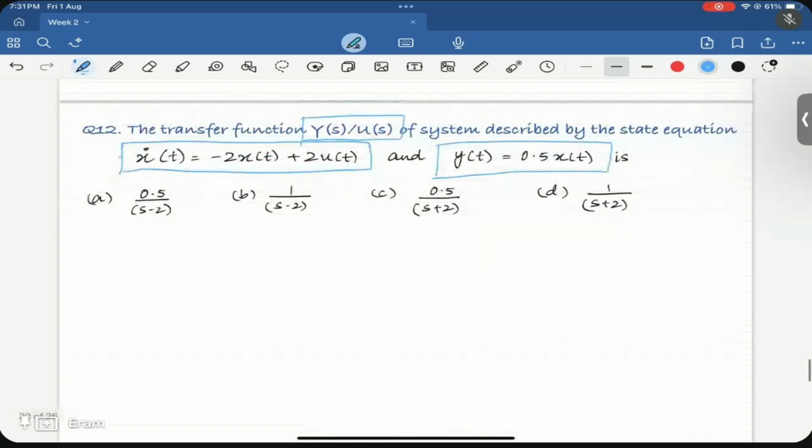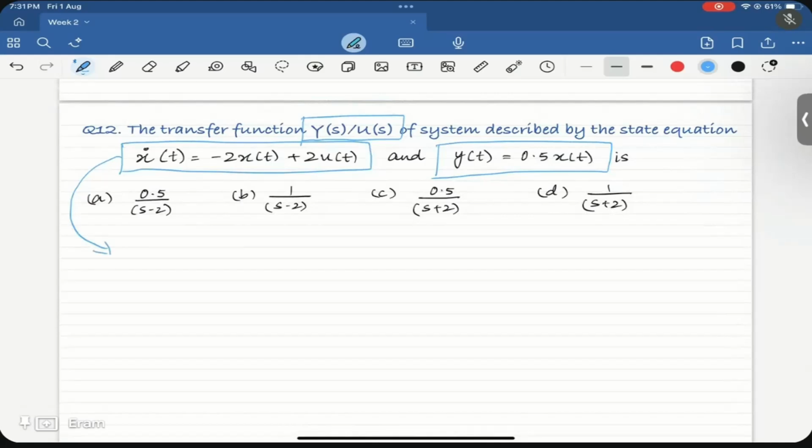First we will find out the Laplace of this differential equation. So it will be sX(s) equals -2X(s) plus 2U(s), right? So X(s) divided by U(s) will be 2 by s plus 2. Okay.